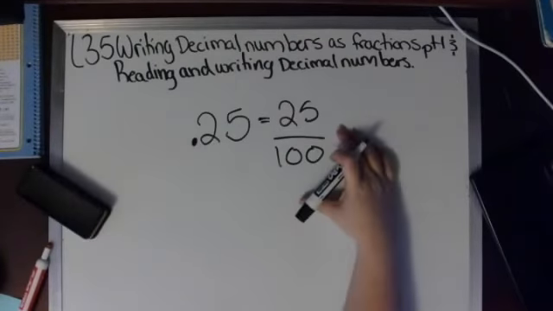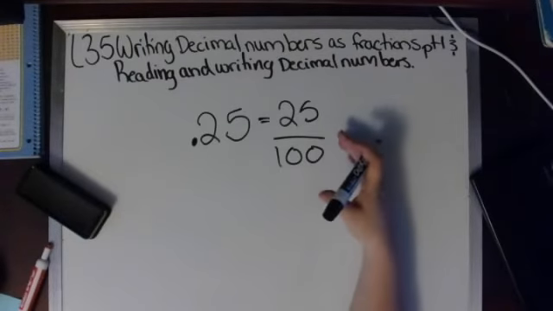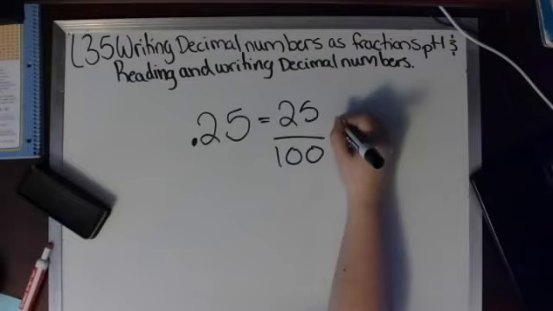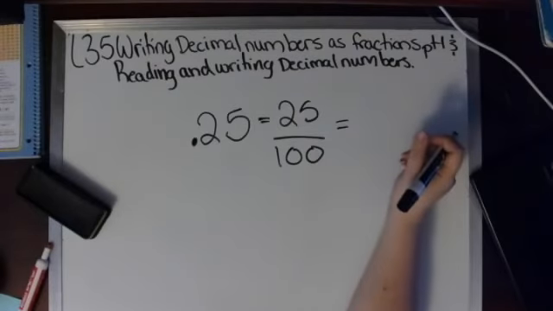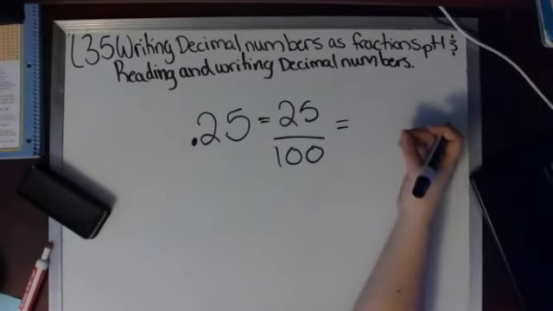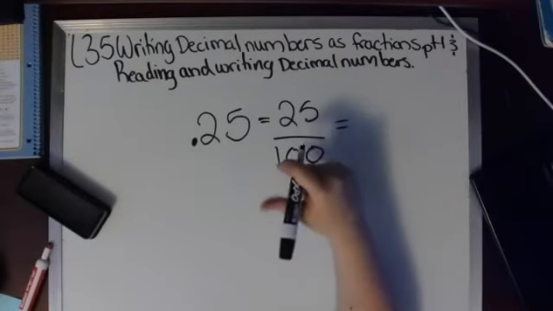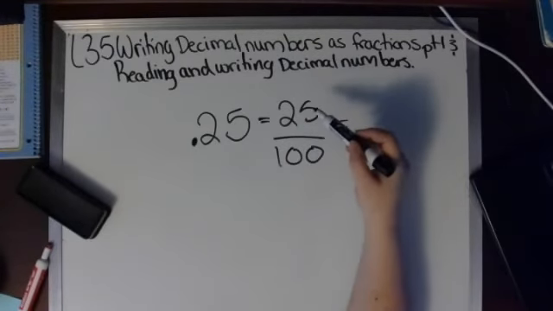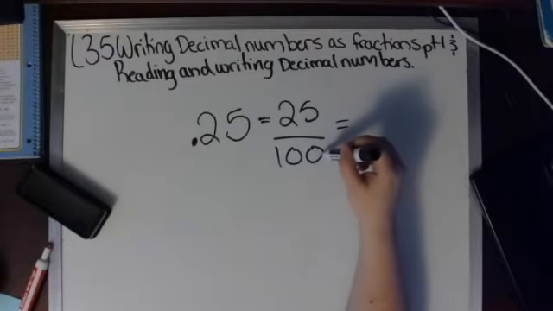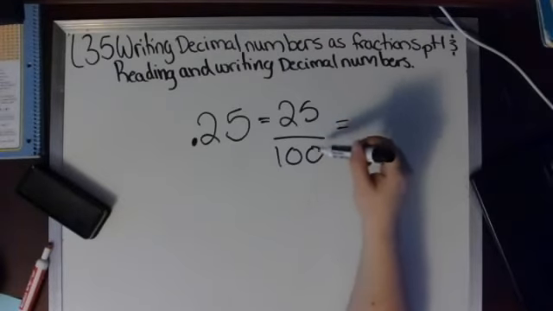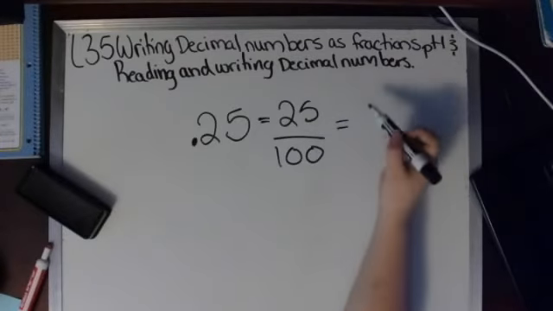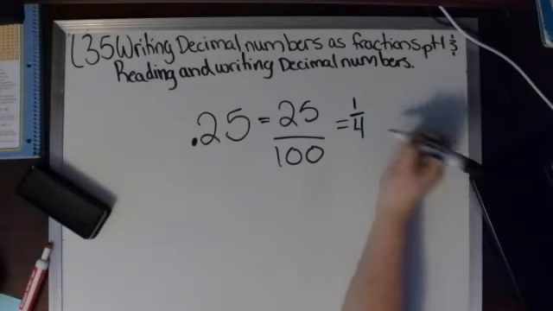Just like when we work with other fractions, we don't want to leave our fraction as these really, really big numbers if we don't have to. So if we can put it into lowest terms, we want to. So we want to reduce this into its lowest terms. Now we've done this particular one before. So you should know and remember that if this is $1 and this is 25 cents, there are 4 quarters in $1, which means we have 1 quarter.